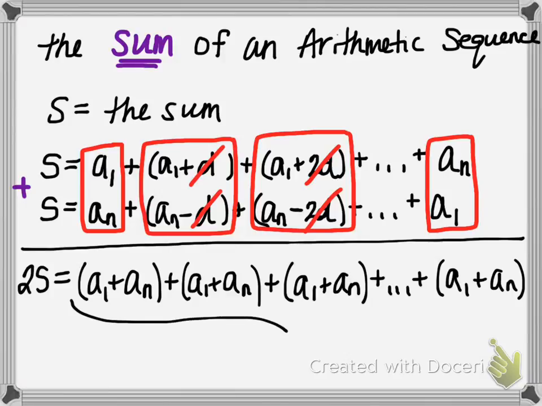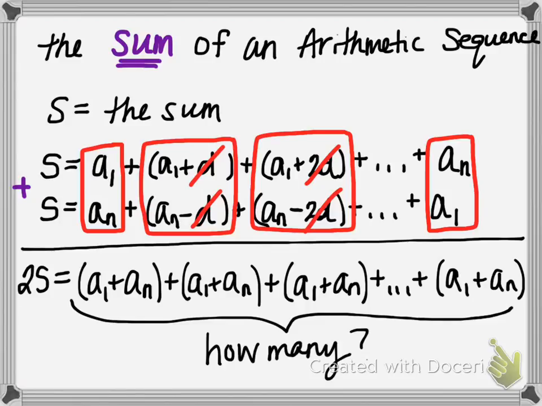Now we have all of these quantities a sub 1 plus a sub n, and the question is, how many? How many of these little quantities do we actually have? Well, if we were only adding the terms in a sequence that contained 3 terms, then we would have 3 of these quantities. If our sequence had 4 terms, then we would have 4 of these quantities.